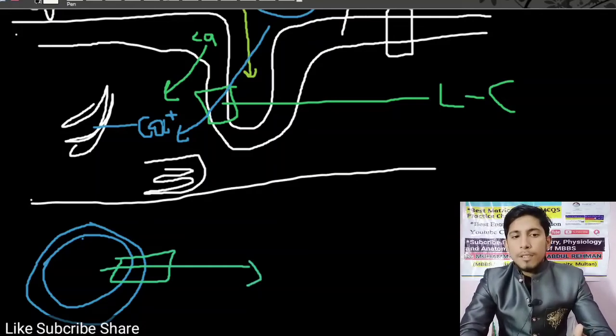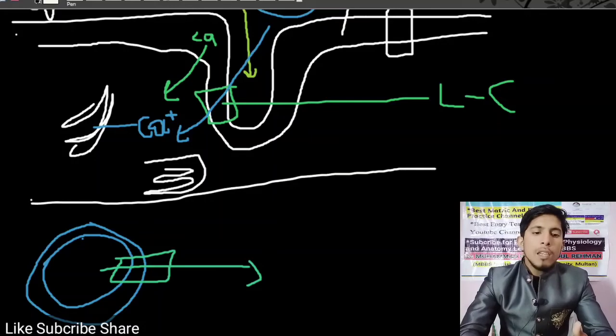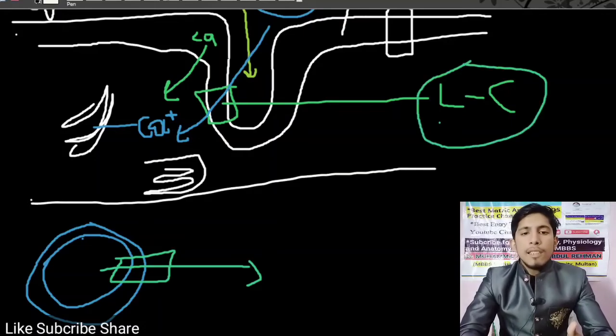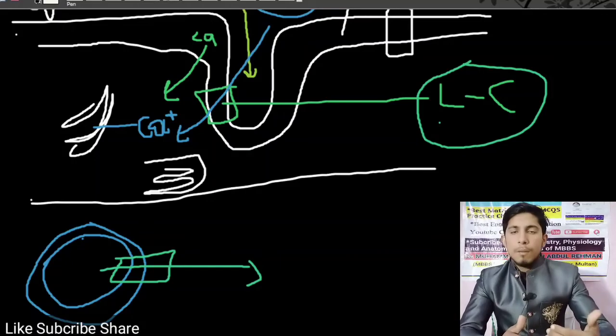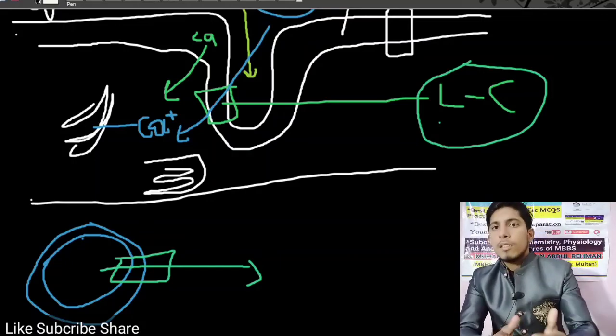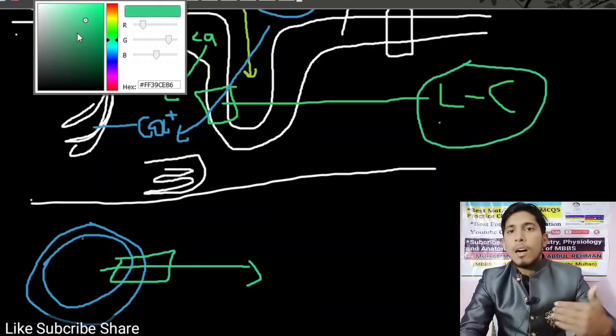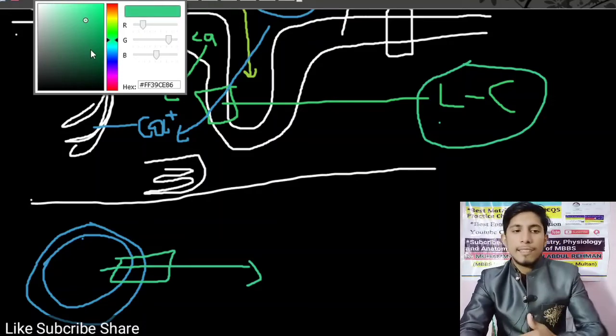And the second important function: when a large amount of calcium is incorporated into the cardiac cell, it causes the inactivation of the L-type calcium channel. On inactivation of the L-type calcium channel, further influx of calcium from the extracellular matrix is stopped, and the calcium present in the sarcoplasmic reticulum starts moving out into the cytoplasm of our cardiac cell.